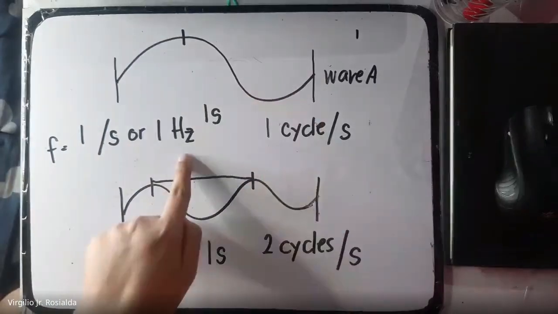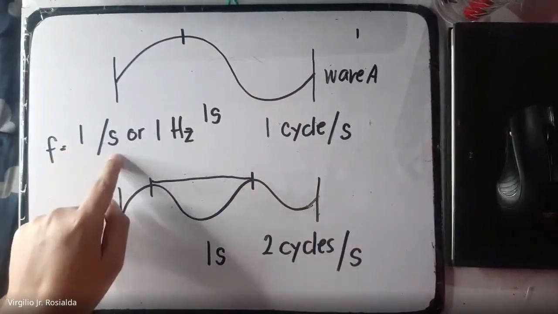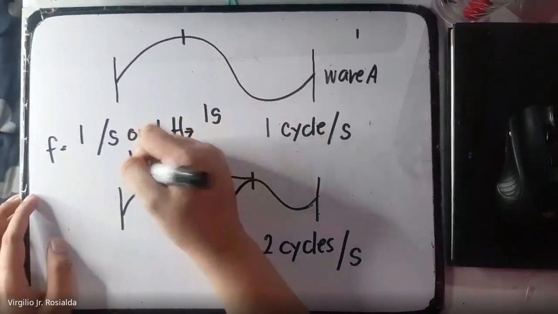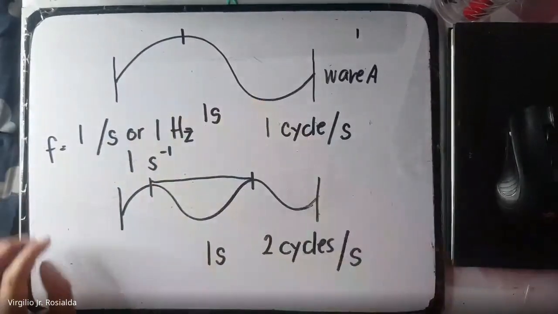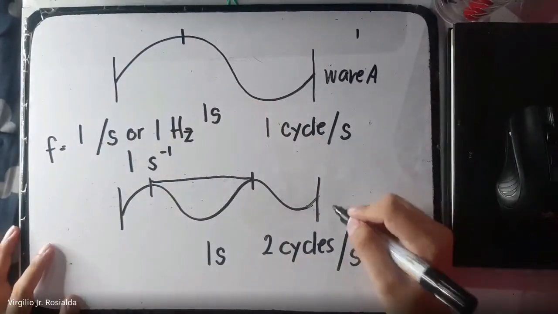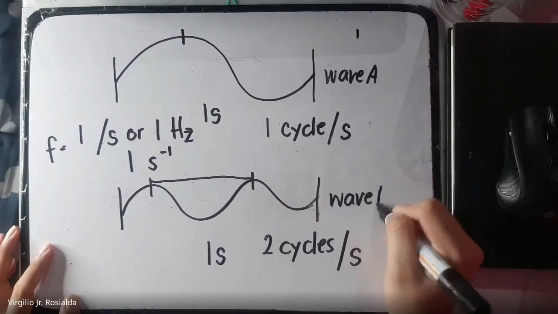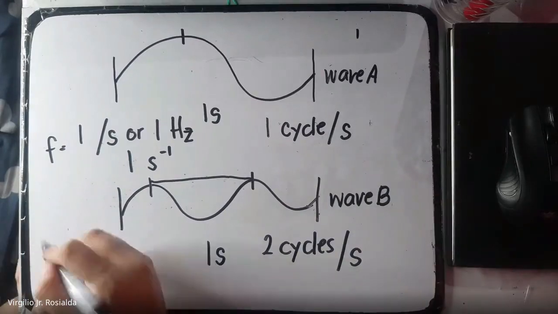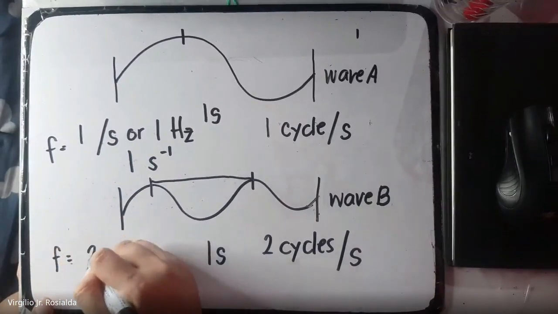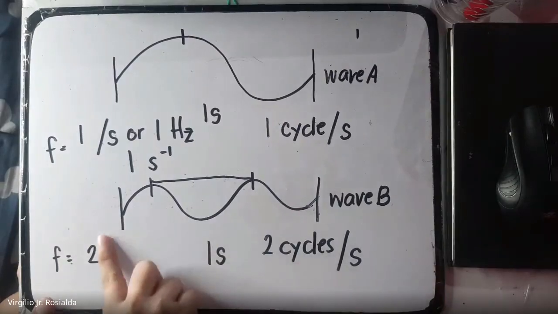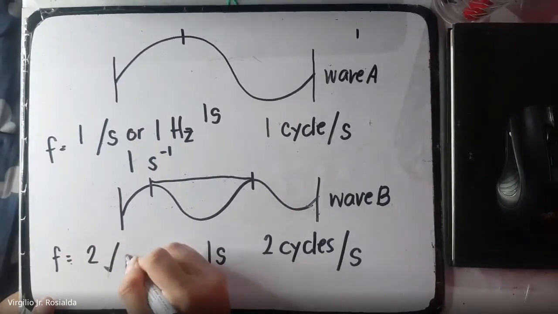Kasi hertz is also 1 per second. Okay? Or yung iba naman, 1 s negative 1. Okay, ganun yung ginagawa nila. For the frequency of wave B, the frequency is 2 cycles per second.